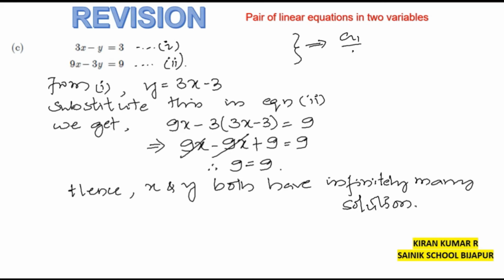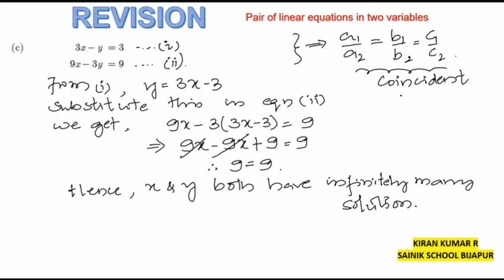Here there is a1 by a2, which is equal to b1 by b2, which is equal to c1 by c2. They are coincident lines. Whenever coincident lines are there, we'll be having infinitely many solutions. This you should make a note.